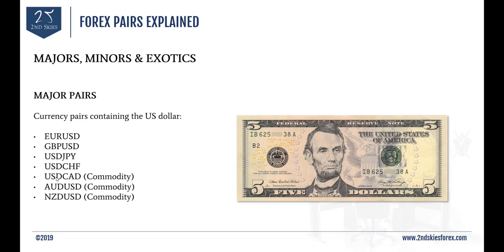USD CAD, which is a commodity currency. Aussie, US dollar. Kiwi, New Zealand dollar versus the US dollar. These are majors. So when somebody talks about a major pair, they're talking about a G10 country and a US dollar in there. And the US dollar, if you notice, can either be the counter currency or the base currency. So those are the majors.